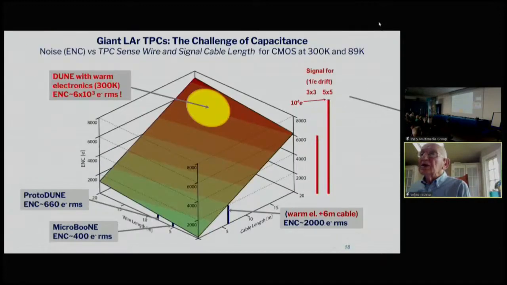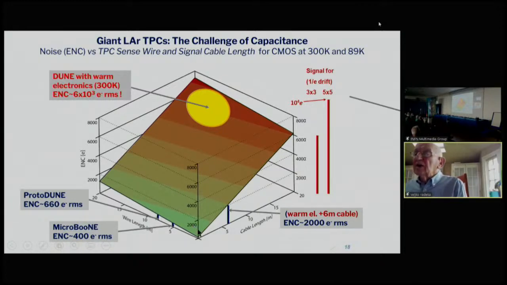So going from this, if one looks at cold versus warm electronics, which used to be a subject of very intense discussions, we see the real results, with two axes. One is the sense wire length. The other is whether there is any cable between the sense wires and electronics. The only thing we have in the integral design is shown on this axis, noise increasing with wire length, wire capacitance.